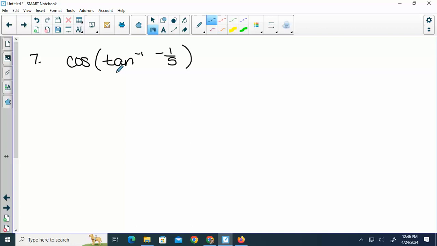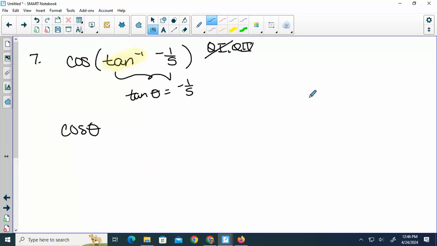Okay, so when I look at this, tangent inverse, I know it's not every quadrant. Tangent inverse can be 1 and 4. So that means we have to find the angle, I'll call it triangle, so that tangent is -1/5. Which of these quadrants are we in? 4. Once we find that, we just have to find cosine of that angle.